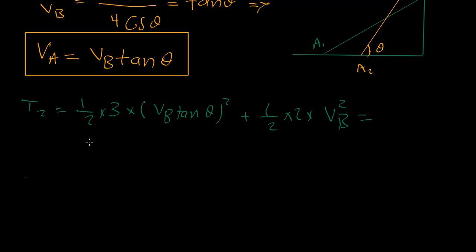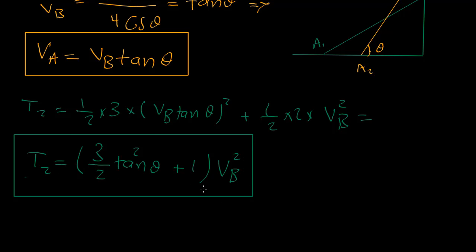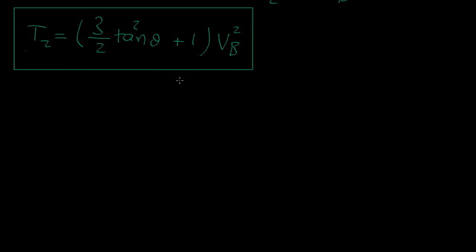So this is 3 over 2 tangent theta squared plus 1 here, times v_B squared. This is T2, the kinetic energy at the second position. So let's calculate U2 here.